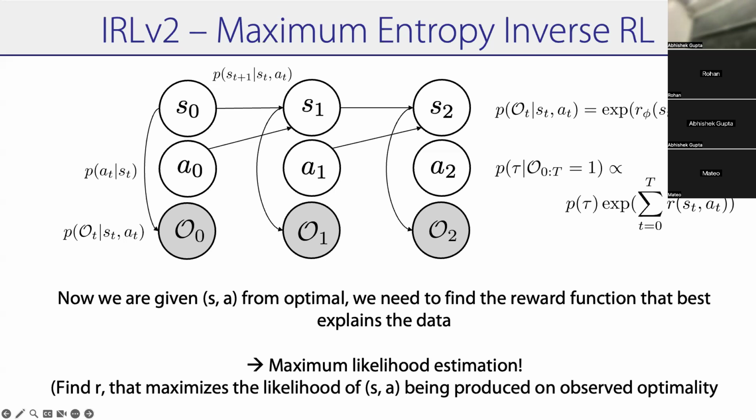That's what the expert gives us. The expert gives us samples from P of tau given optimality, and we are trying to find the R phi that best explains the samples from the posterior P of tau given optimality. Let's try and write this out a little more formally.